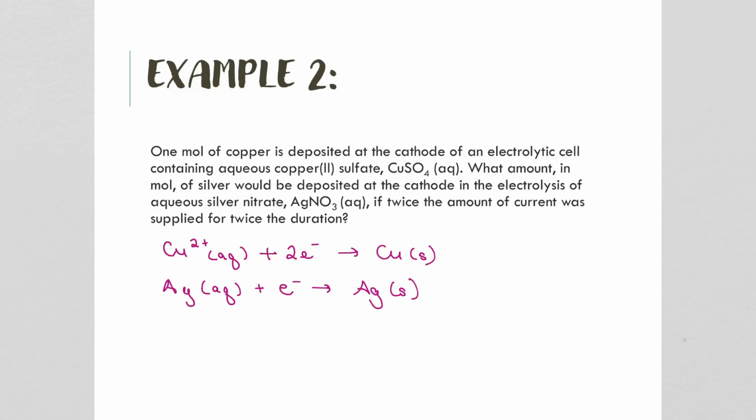So we'd end up with 8 moles of silver being produced. If we had the same amount of charge and duration, you would get 2 moles of silver. But because we doubled the current, we'd get 4 moles, and we also did it for twice the length of time, so we get 8 moles. So the answer is 8 moles.